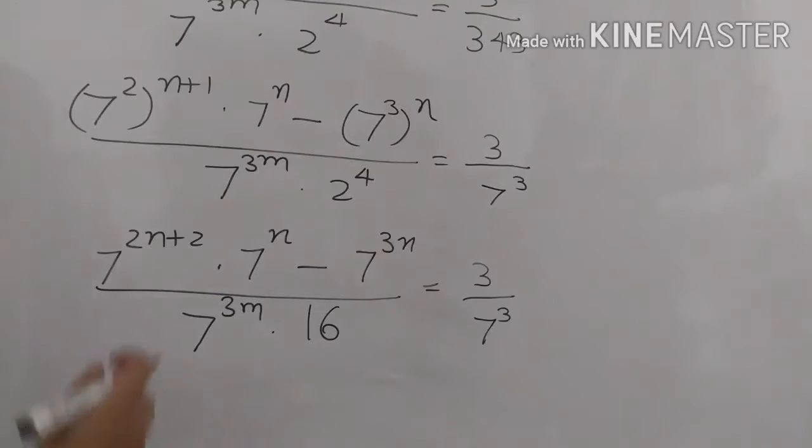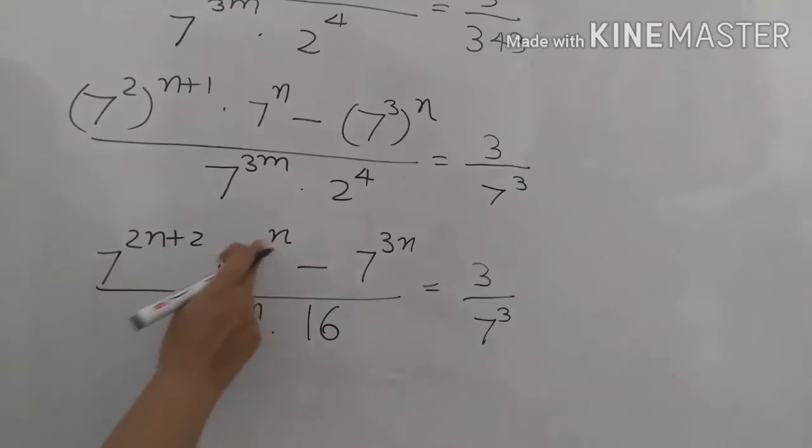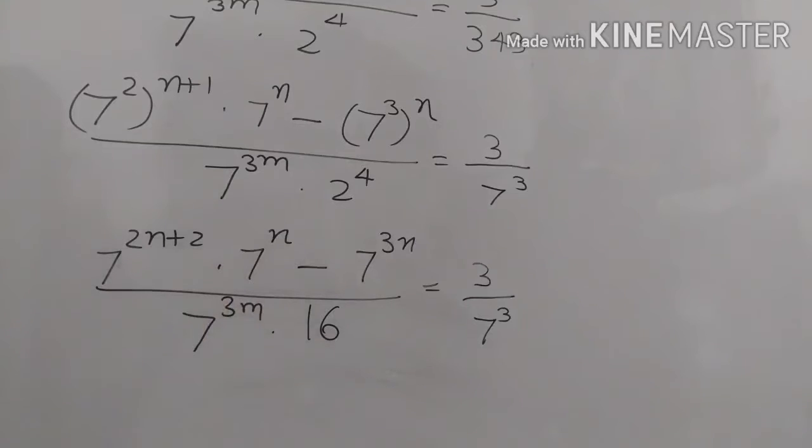Now next step, here you can add the powers because there is a multiplication sign in between. So I can take 2n plus n, 3n plus 2, minus 7 raised to 3n, upon 7 raised to 3m into 16, is equal to 3 upon 7 cube.